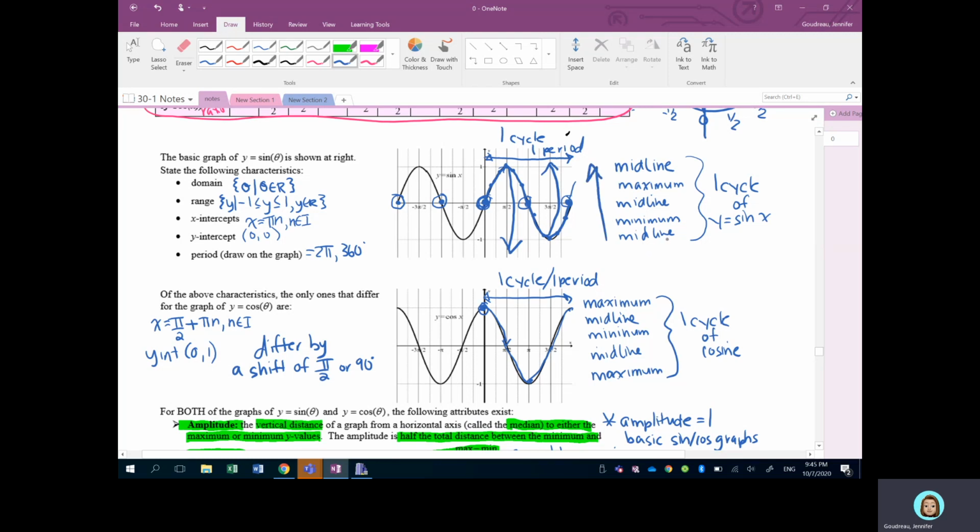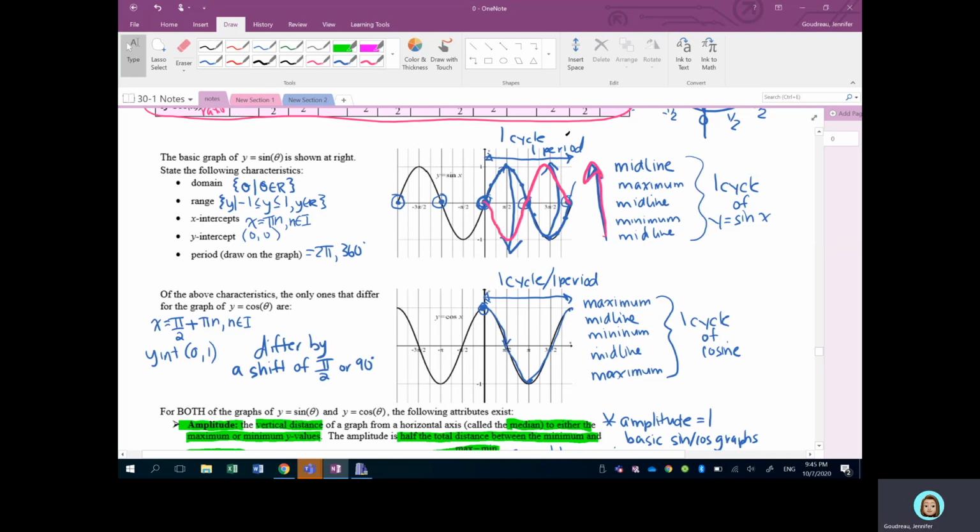So we still start at the midline when we reflect it vertically, but instead of moving up to the maximum, we move down to the minimum, then up to the midline, then up to the maximum, and back to the midline again. So vertical reflecting is just going to change the order of the pattern for sine.